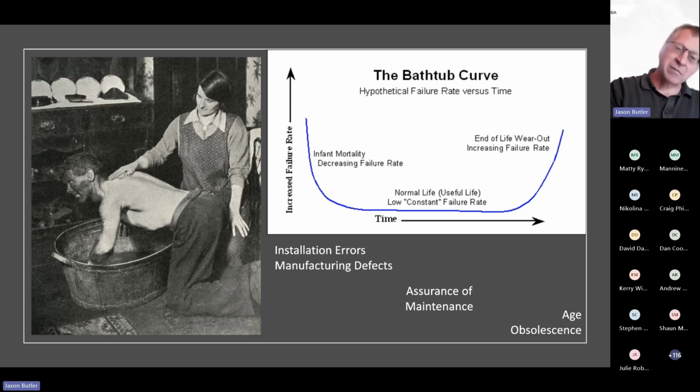So installation errors, manufacturing defects, and by the time they come about and bite you by being PD and by having a failure, you're never going to be able to prove whether it was an installation error or a manufacturing defect, because the installer will blame the manufacturer, the manufacturer will blame the installer, but there won't be the evidence because it will have been blown up.